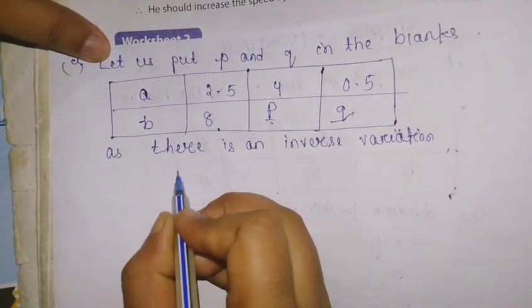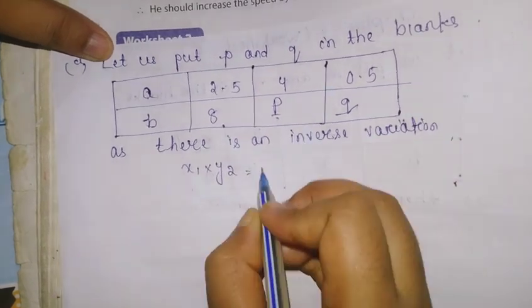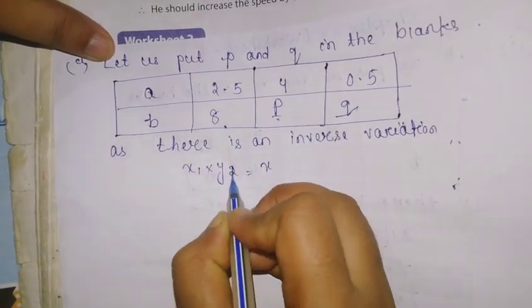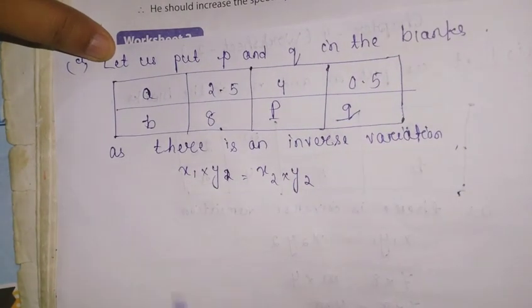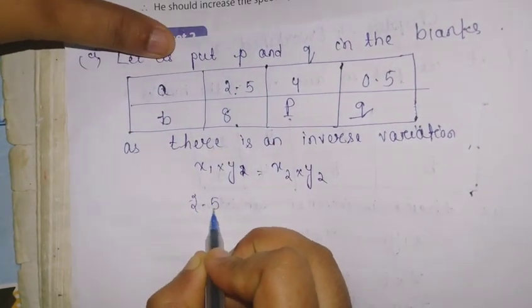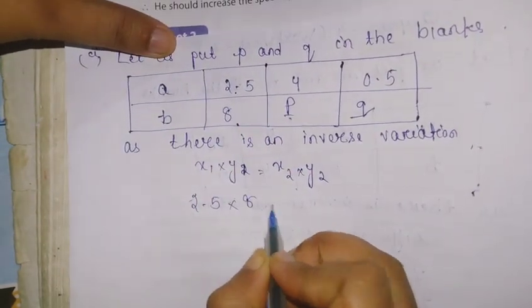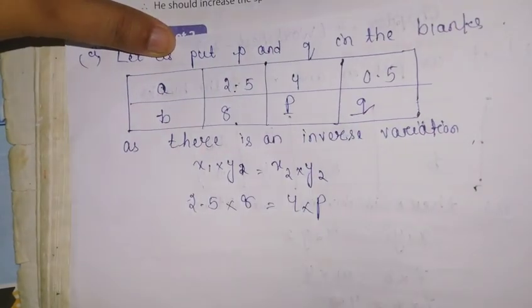x1 into y1, then x2 into y2. x1 is 2.5 and y1 is 8. Then x2 is 4 and y2 is p.